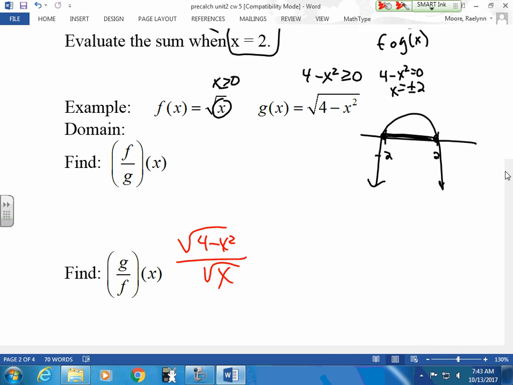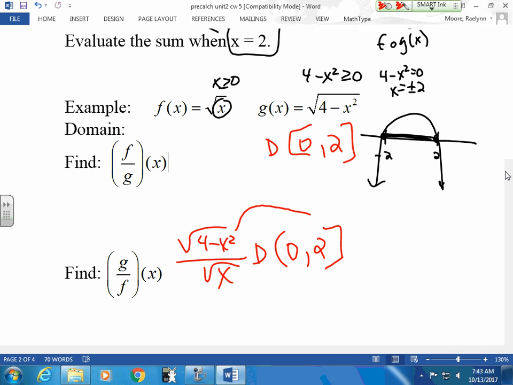My domain over here was 0 to 2 when we started, right? Now what change will I have here? 0 is soft bracket. Can't be equal to 0, so 0 gets my soft bracket. How about 2? Hard bracket. I can still use 2. I can get a 0 in my numerator. I'm okay with that. So overall, when we move this into a denominator, we've got to look at this again.